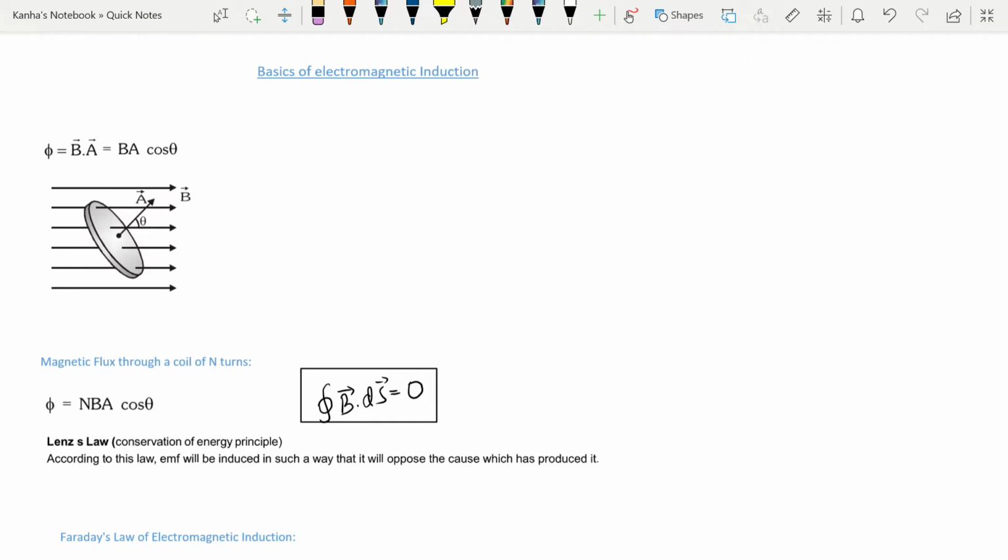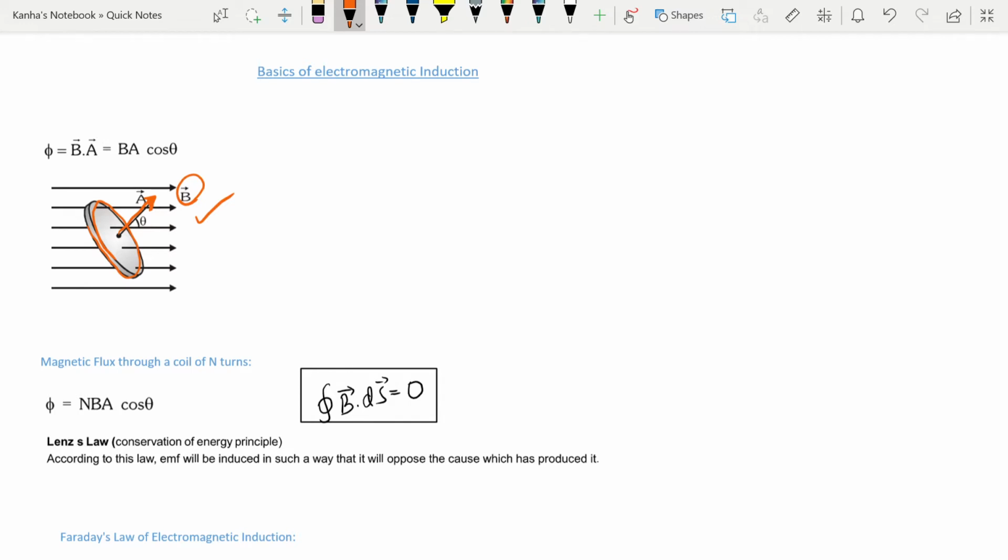So if you can see this diagram, you will see that there is a magnetic field B in the region. You have a surface given by this disk, and there is an area vector A which is perpendicular to the surface and acting outwards.